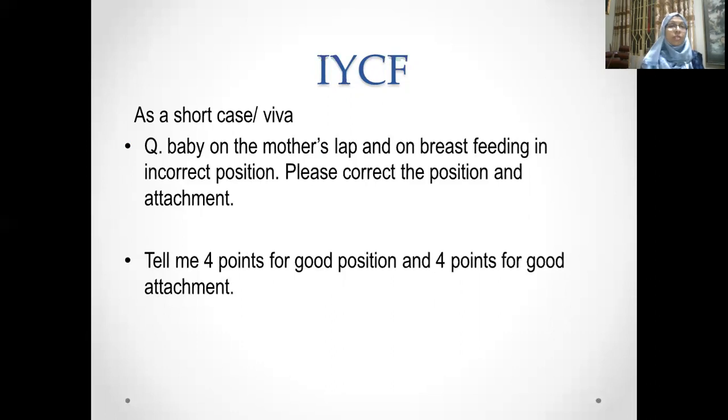So you have to know the 4 points of good position and good attachment, and explain in your examination in this short case, and show it in correct form.